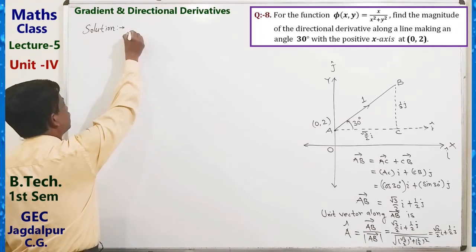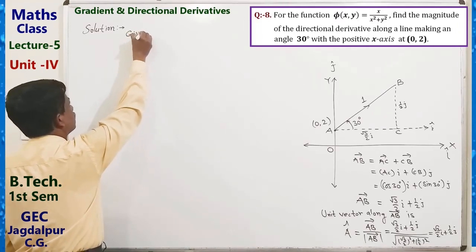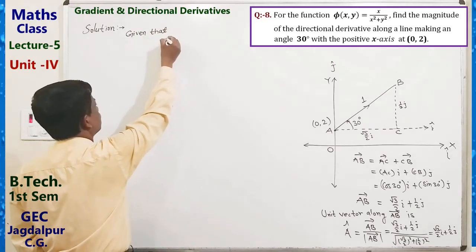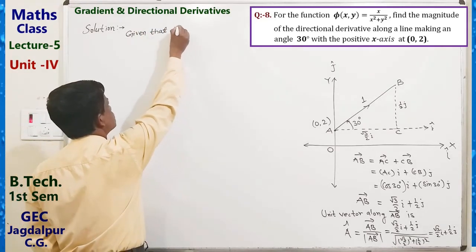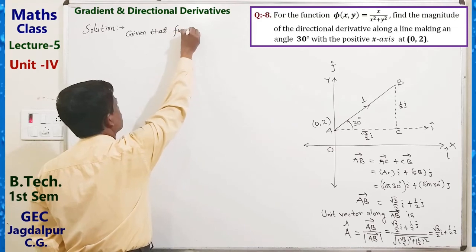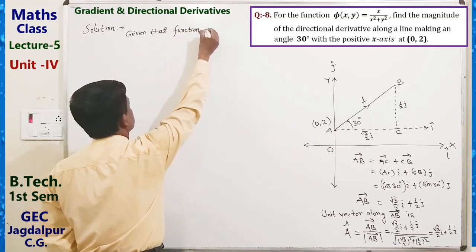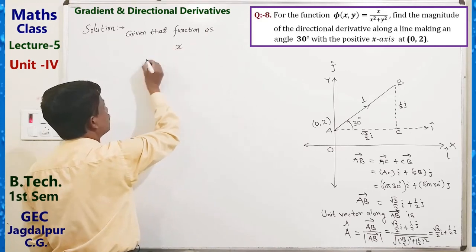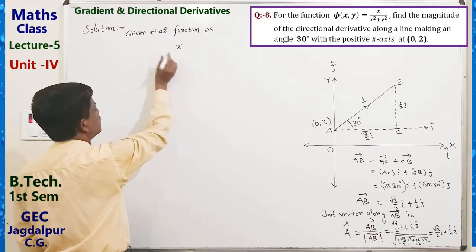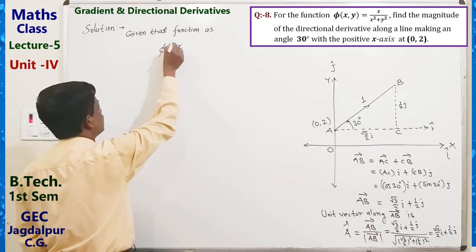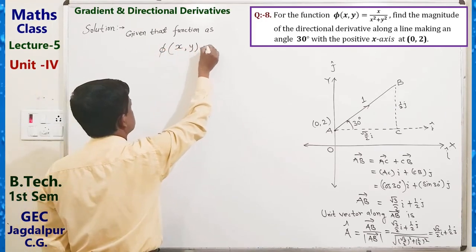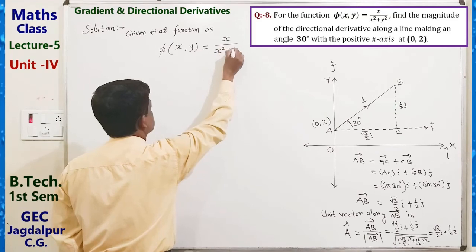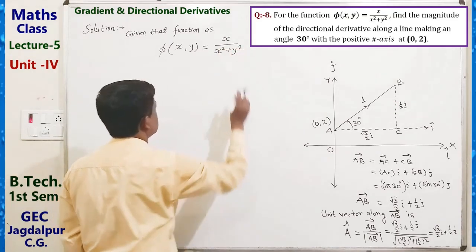Here, it is given that the function is phi of x y equals x upon x square plus y square, two-dimensional.